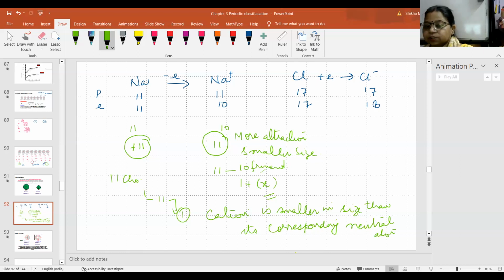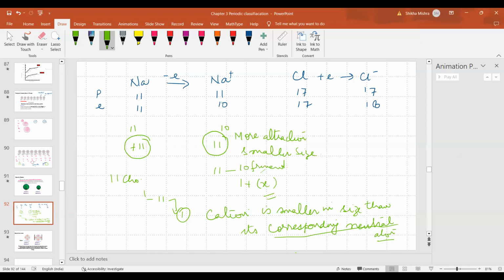It is important to say corresponding neutral atom. Why? Because I should compare sodium with sodium cation, potassium with potassium cation. We cannot compare sodium with calcium cation. Is it clear? Yes, ma'am. Okay. We'll quickly wrap up in the next 2 minutes with this chlorine.